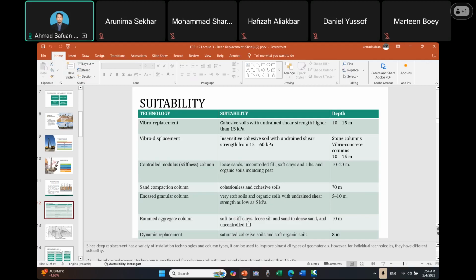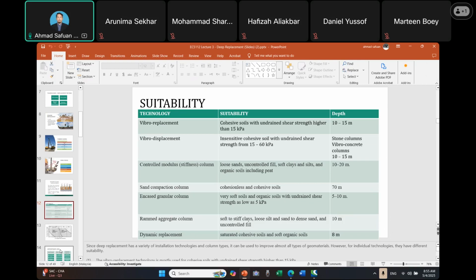For example, the use of the vibro replacement is suitable for the cohesive soil with the undrained shear strength higher than 15 kPa, with a depth of up to 15 meter.